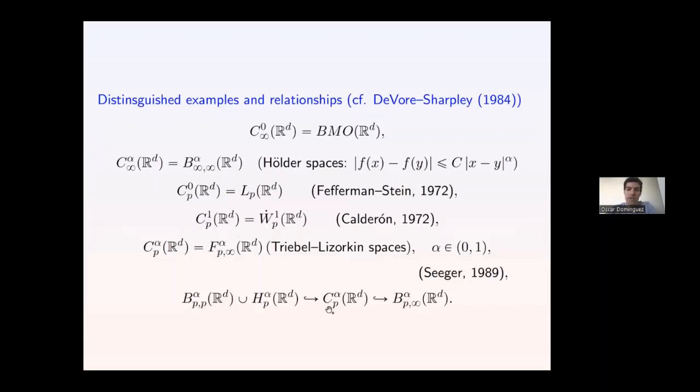In general, we have embeddings between Calderón-Campanato spaces and Besov spaces and fractional Sobolev spaces. And these embeddings are sharp in general. You cannot improve the parameters here or here, so this is sharp. I would like to refer to the memoir by Bojarski-Shapley from '84 for proofs of these results and further statements.